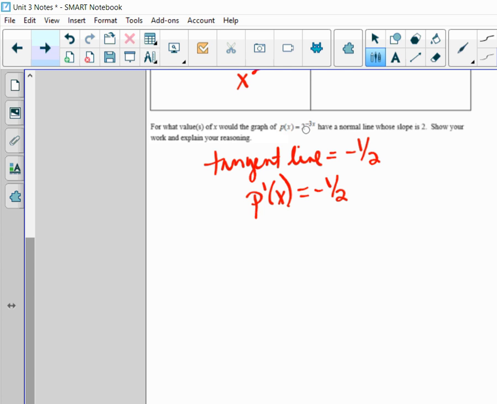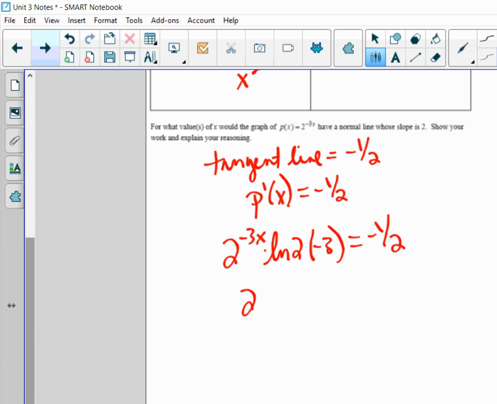To take the derivative of this, that would be 2 to the negative 3x times ln of 2 times negative 3. And I want to know where that equals negative 1/2. This is terrible.